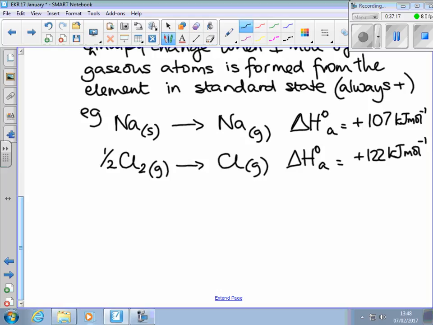Okay, so that's our enthalpy of atomization. I'm going to do ionization energies next, and then the electron affinities. The ionization energies, we'll start with the first ionization energy.